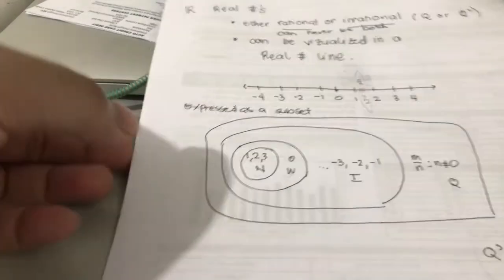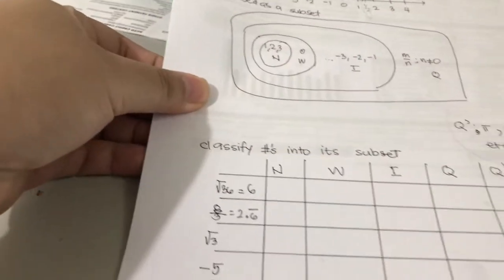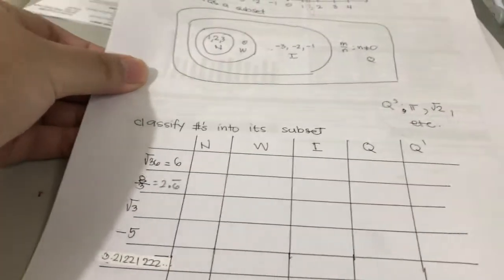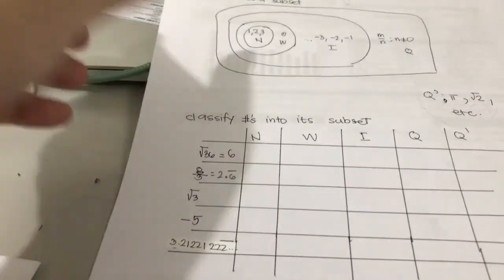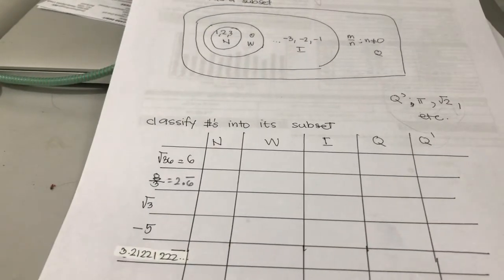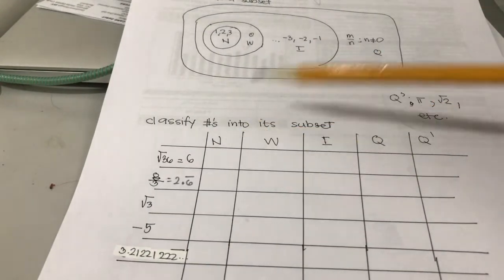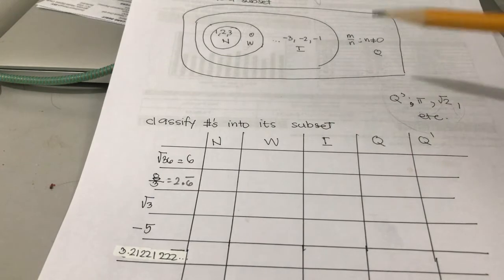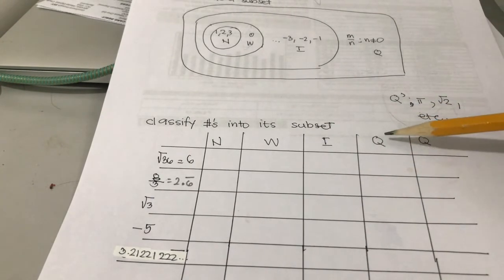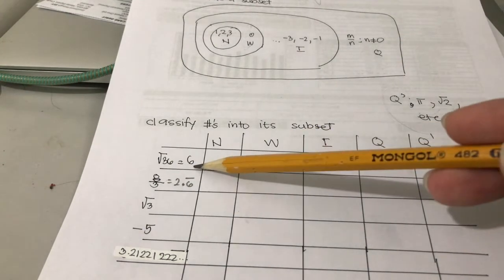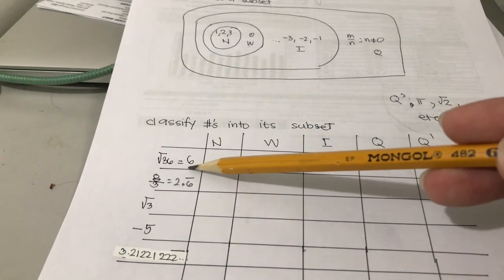Let's have some exercises and determine the classification of these numbers. Here N denotes natural number, W whole number, Z integer, Q rational numbers, and Q prime irrational numbers. The square root of 36 is 6.